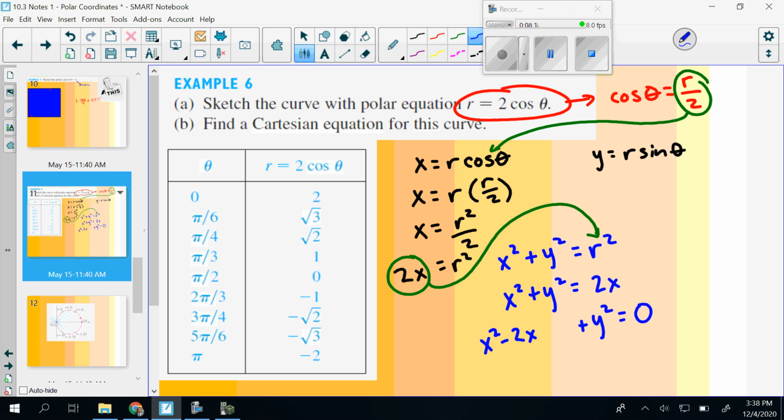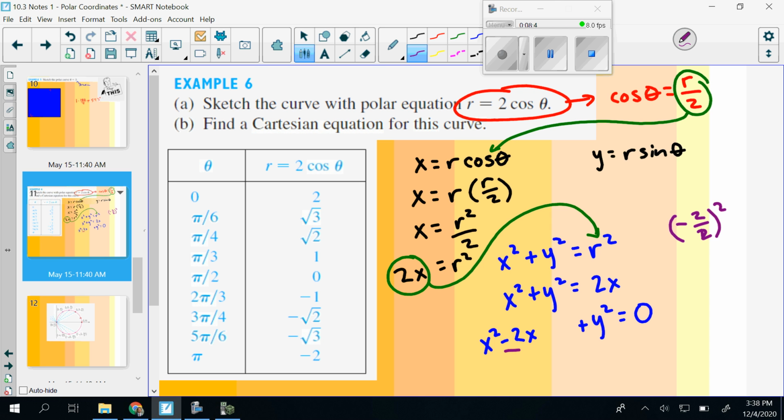To see what this equation is, we're going to use completing the square and figure out where the center is. So remember, when you do completing the square, you want to take half of this amount, half of negative 2, square that, and that's completing the square.